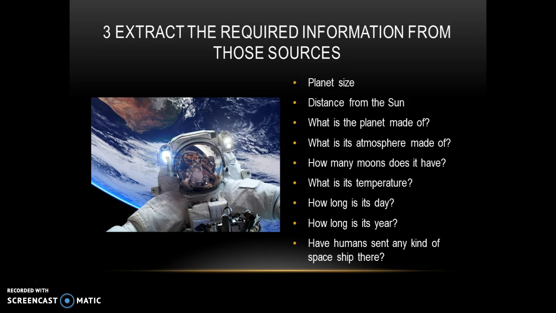The next step is to extract the required information from those sources. The required information is the planet's size, its distance from the sun, and what the planet is made of. So is it a gas? Is it solid?